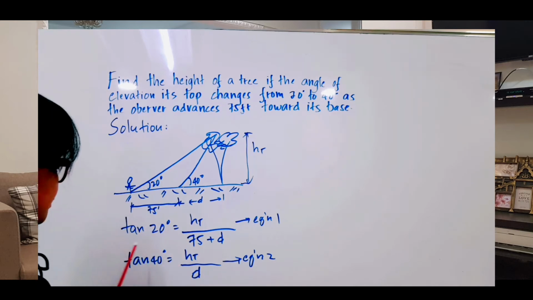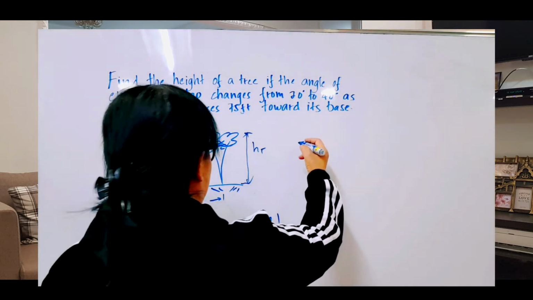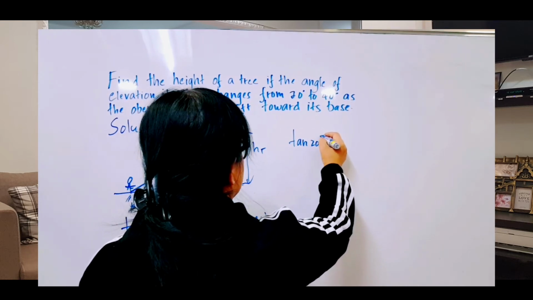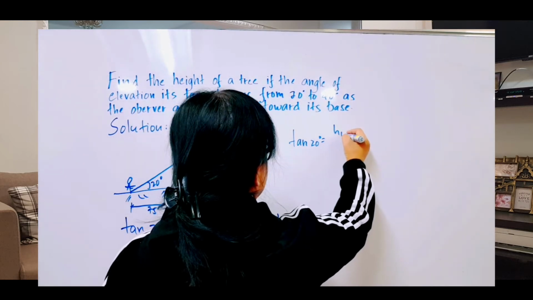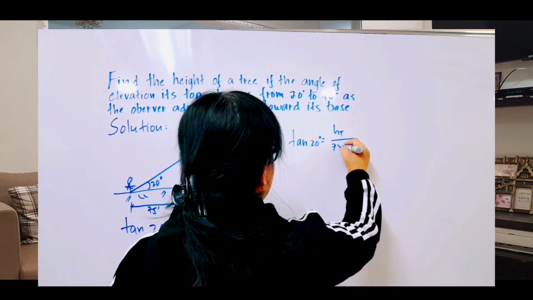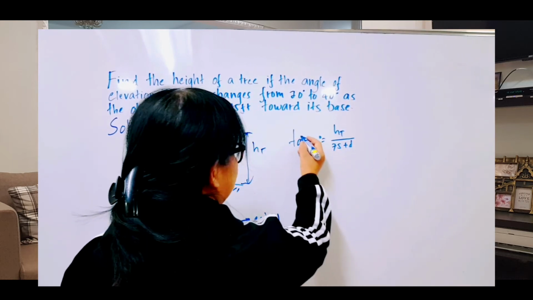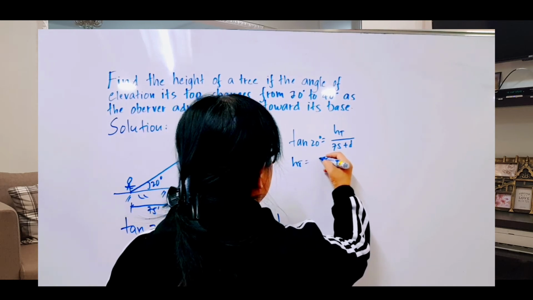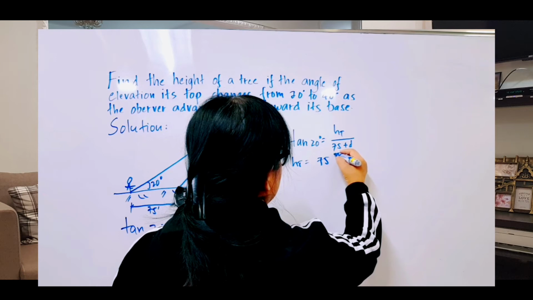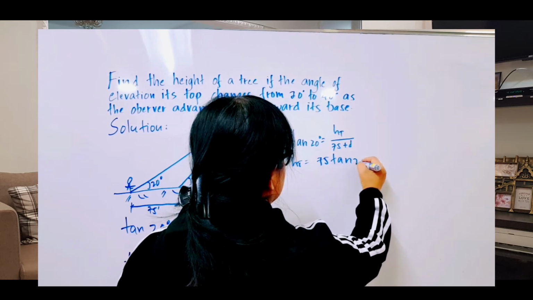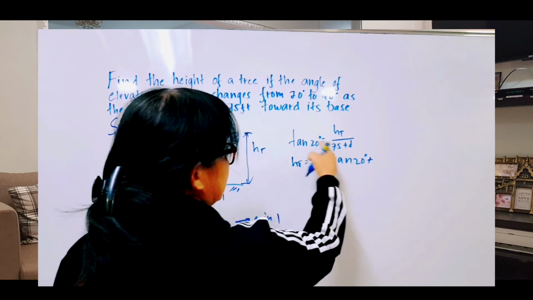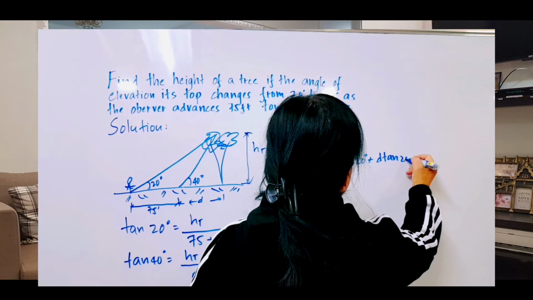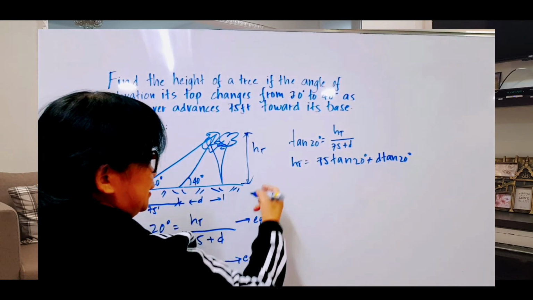For example, in equation 1, tangent of 20 degrees is equal to height over 75 plus D. Therefore, cross-multiplying, HT is equal to 75 tangent of 20 degrees plus the distance times tangent of 20 degrees. That is the height one.